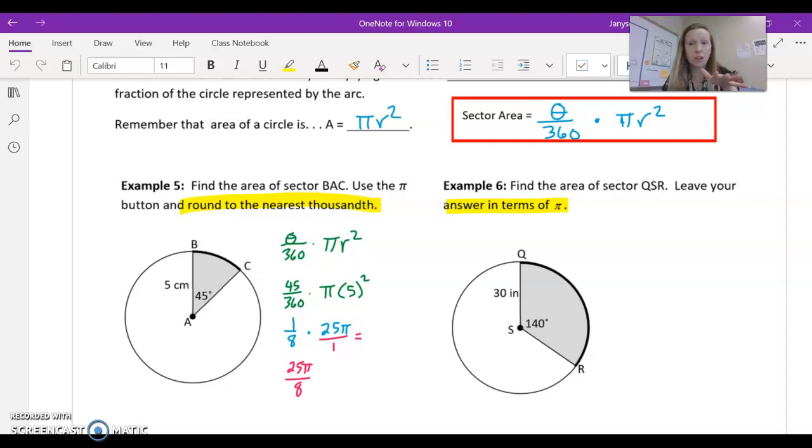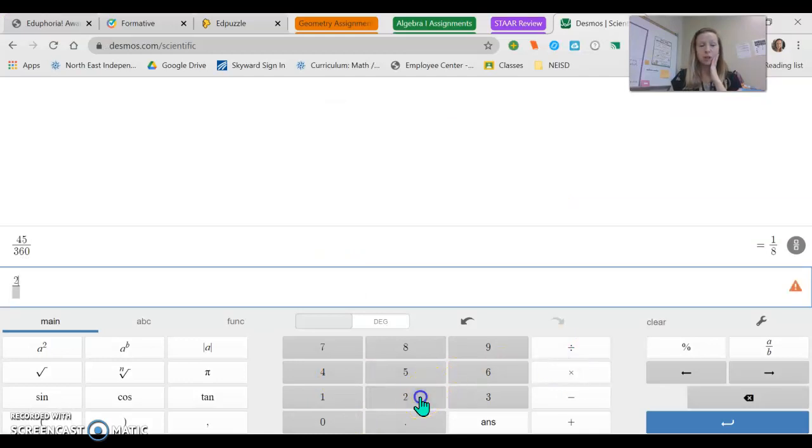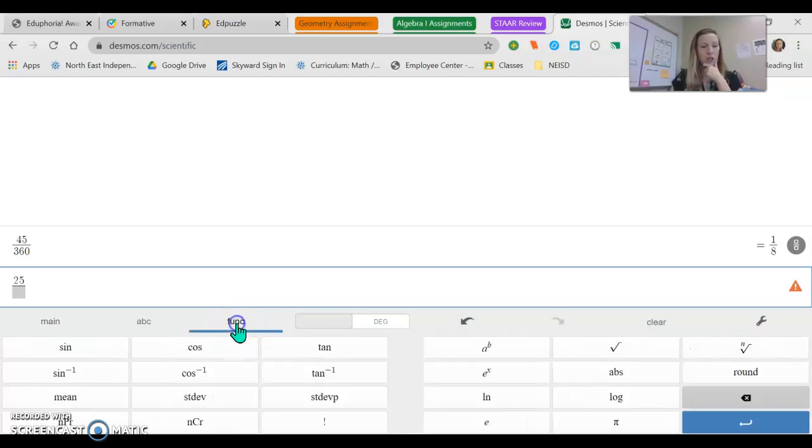Now, if you were leaving your answer in terms of pi, this would be the answer. But we're rounding to the nearest thousandth, so we need to type in 25 pi divided by 8 and get the approximate decimal answer. So I'm going to pull up my calculator. I'm going to make a fraction by hitting the division sign. 25, and it's 25 pi. So if we go to function here, the pi symbol is down here, right next to the log button.